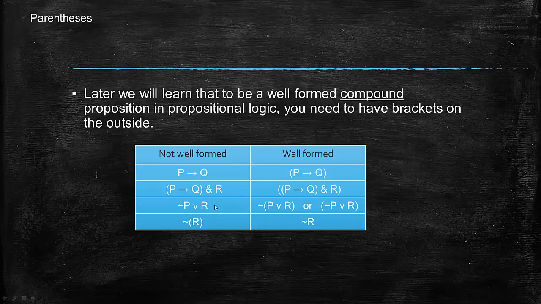It's not the case that P or R could be written like this with brackets on the inside of the negation or totally on the outside. These two mean completely different things actually. This says it's not the case that P, or R, and this says it's not the case that P or R. And this is actually not well formed.